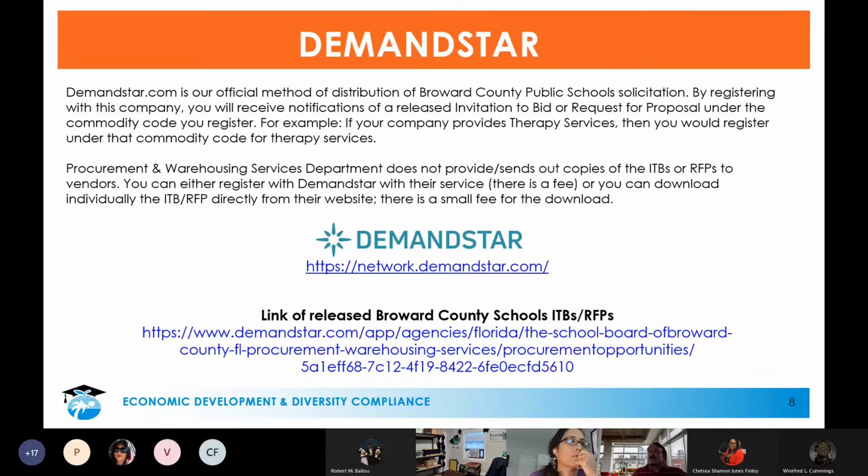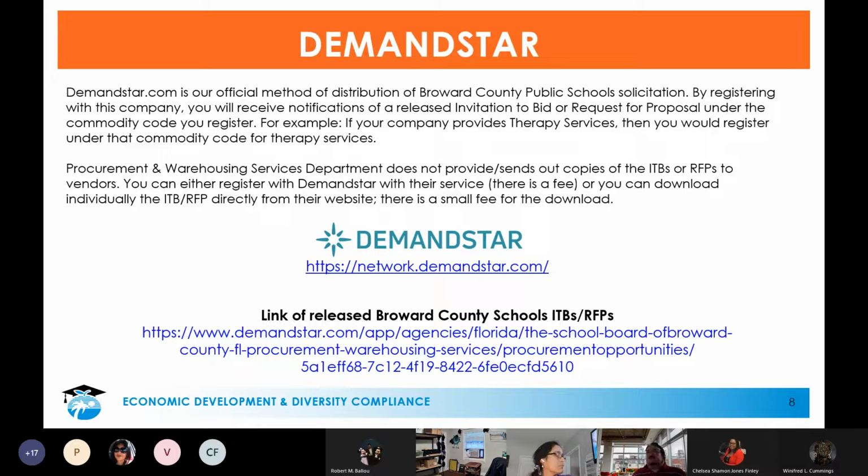For example, if your company, again, provides therapy services, then you would register under that commodity code for therapy services. Now, it's important to know that the Procurement and Warehousing Services Department does not provide or send copies of the ITBs out to vendors.